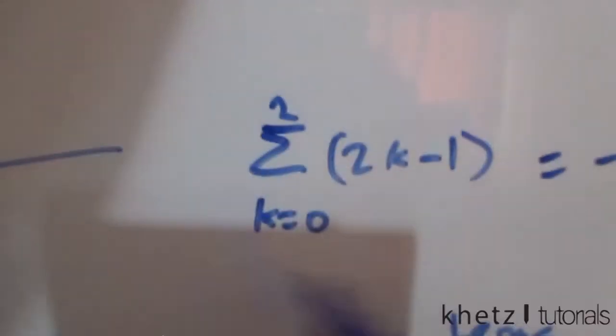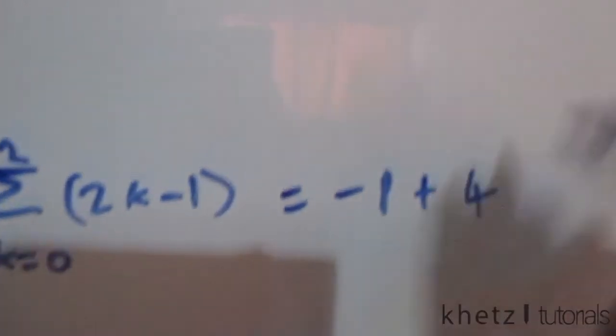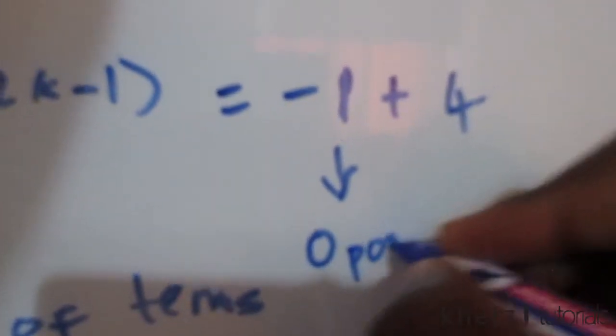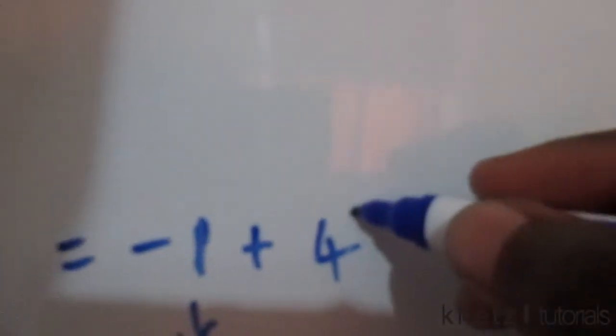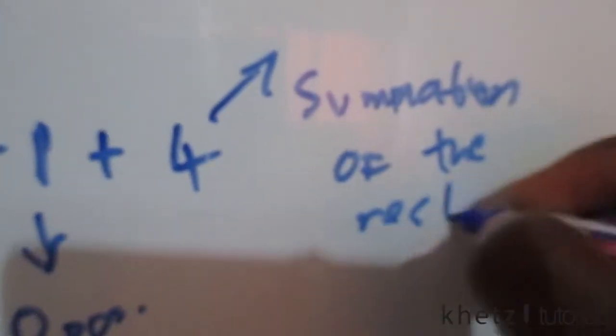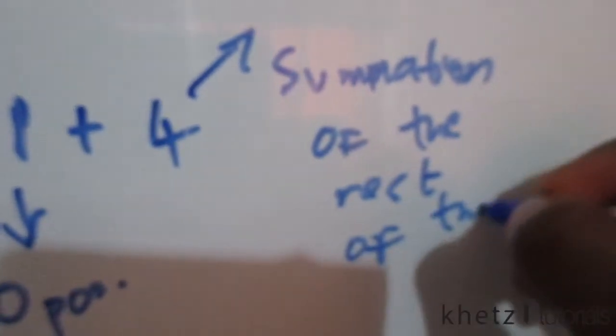So now, for the answer to this, you first found the first part, which is the first step in the case 1 case. If this starts at 0, this is what you first do. So this is the 0 position, and then this is the summation of the rest of the series.